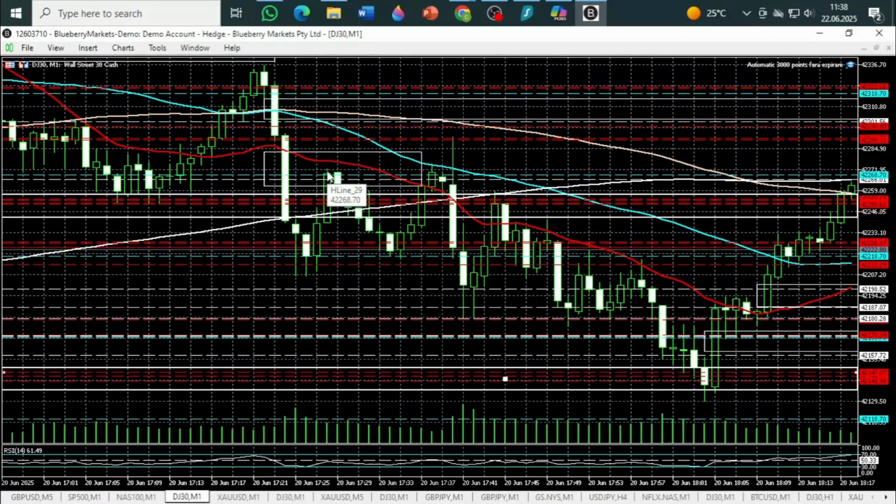A rejection until the fair value gap here, and the green line is also a good instrument that helps a lot for trading, noticed by me.